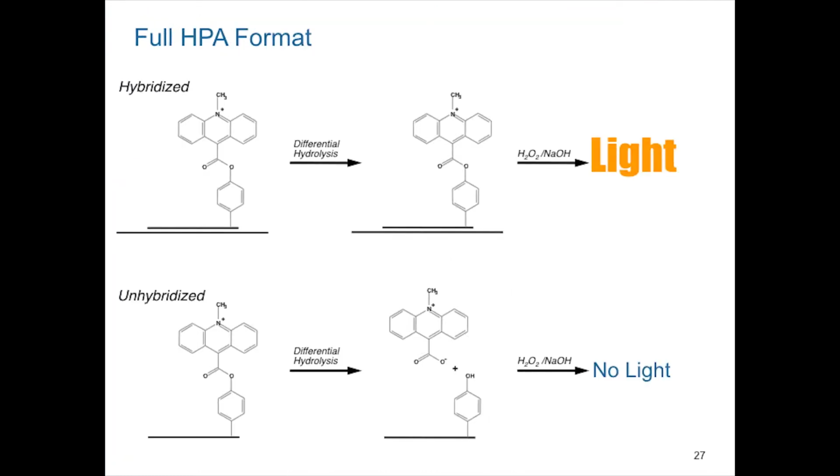Here's, again, how it's working. So it's put the acridinium ester on. For the free probe, unhybridized, that ester is exposed to the hydrolysis environment. So very unstable. Clip the ester, and there's no light because there's no ester, there's no dioxetane.